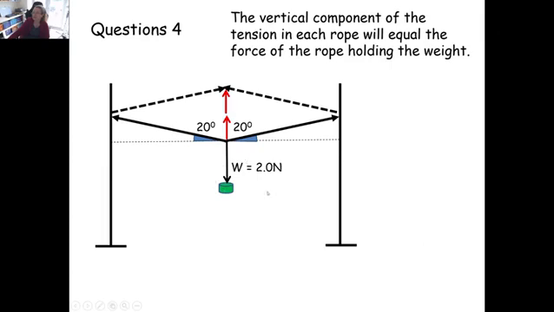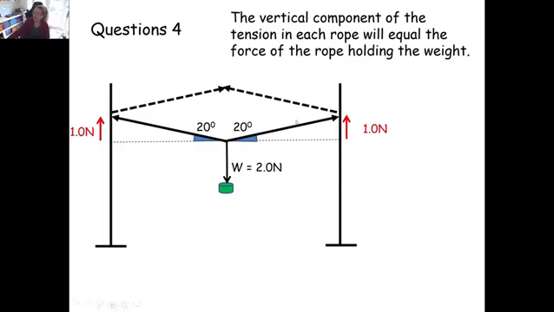That means whatever our weight is, 2 newtons, this tension must also be 2 newtons. And you can see that this tension is made up by the vertical component of each part of that rope. So half of it is made up from this vertical component and half from this one. So if the total tension is 2 newtons, then they must each be 1 newton.